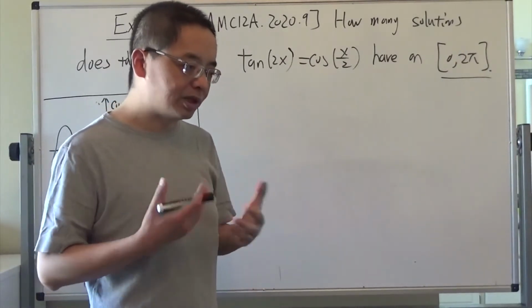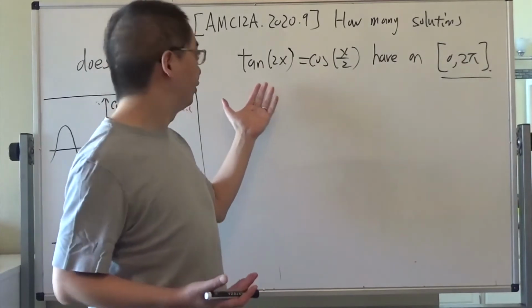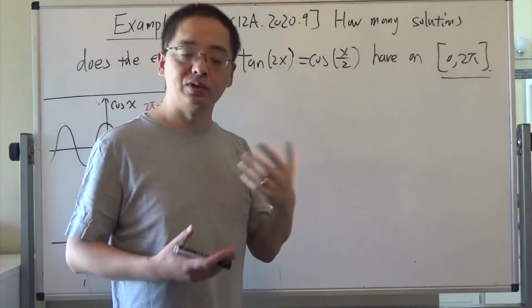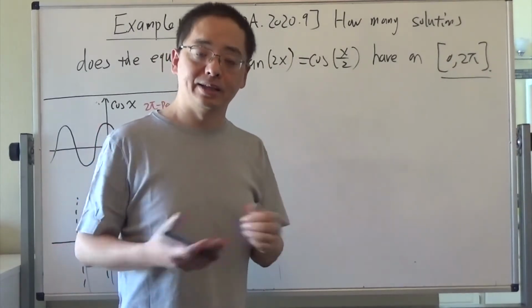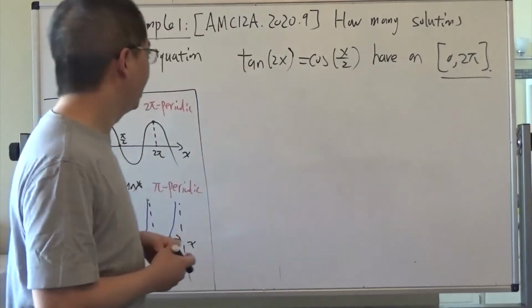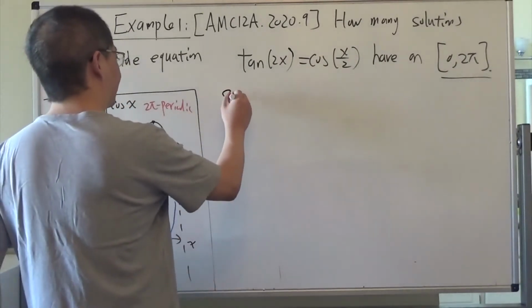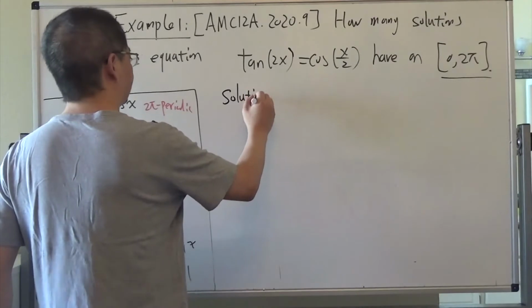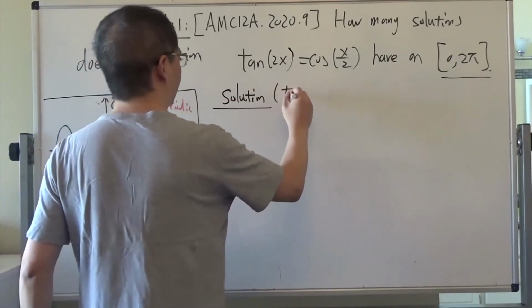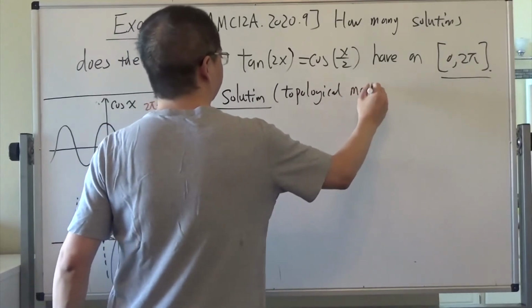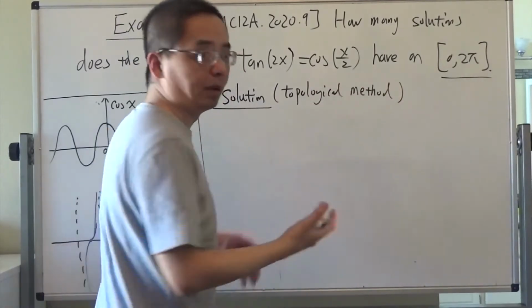Well, topological method just means we draw the graph of tangent 2x and the graph of cosine x over 2, and just count how many intersections they have. Okay, so let's draw the graph, tangent 2x and cosine x over 2. So we use the geometric method.